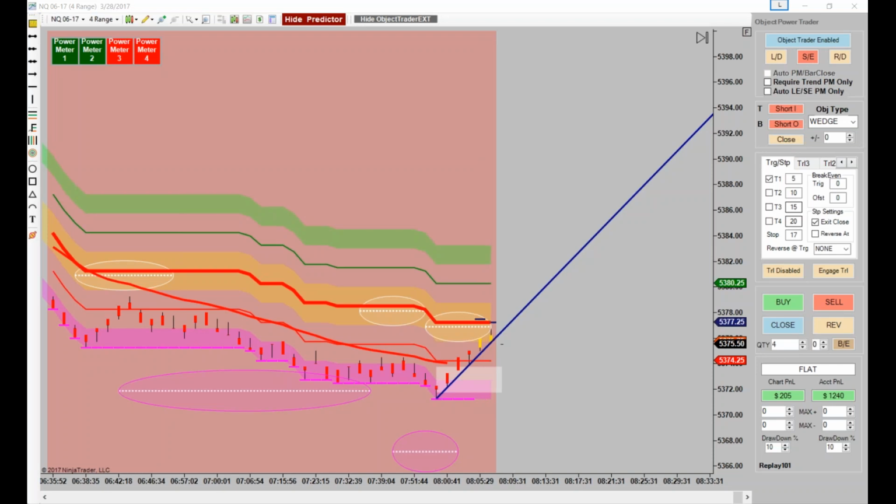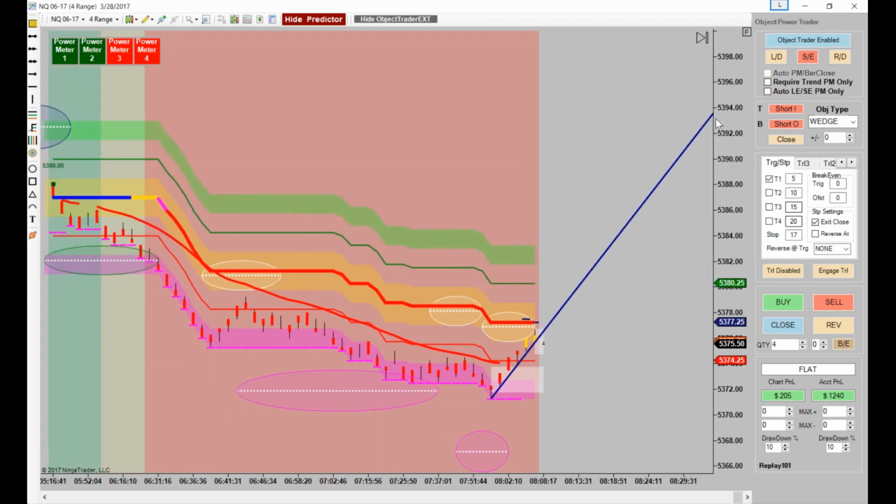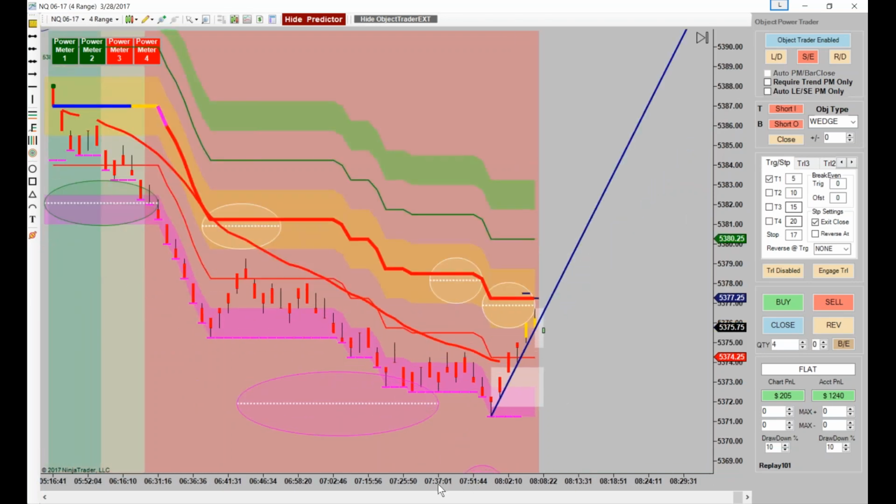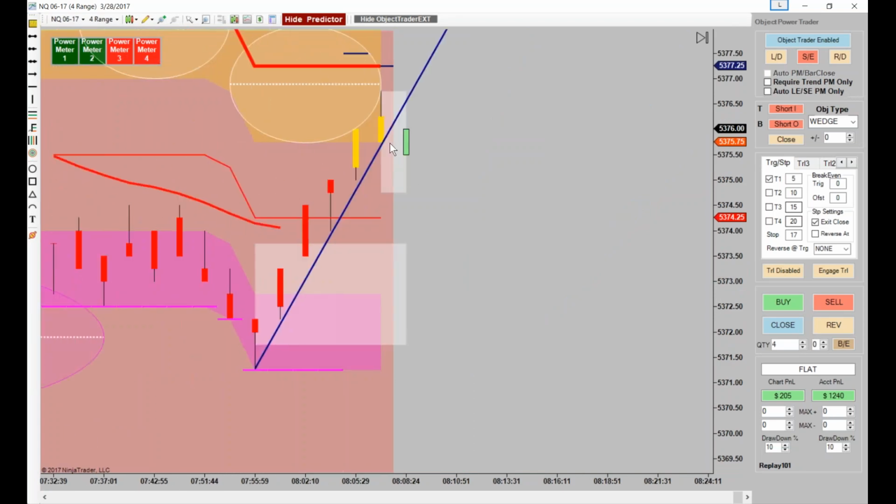That is a beautiful retrace trade, by the way. That was a high energy time too, wasn't it? Now let's look at this one and see why it didn't really fire. Yeah, it didn't ever close below it, did it?